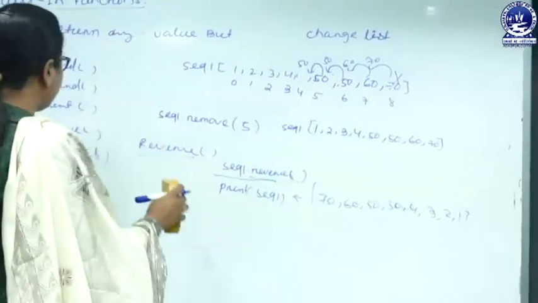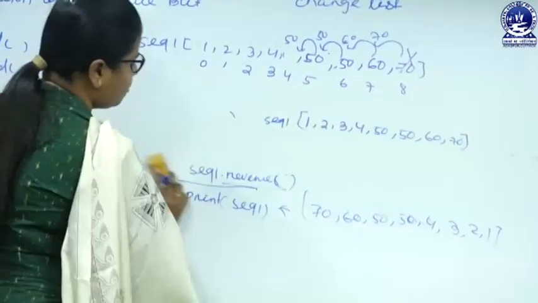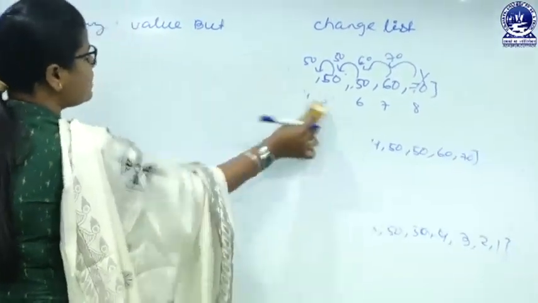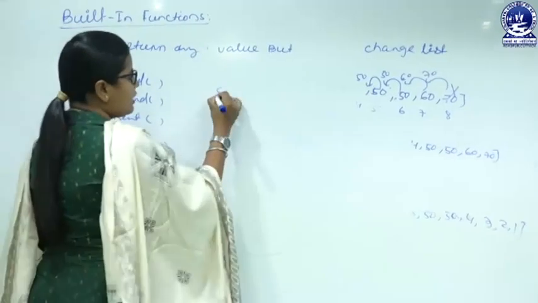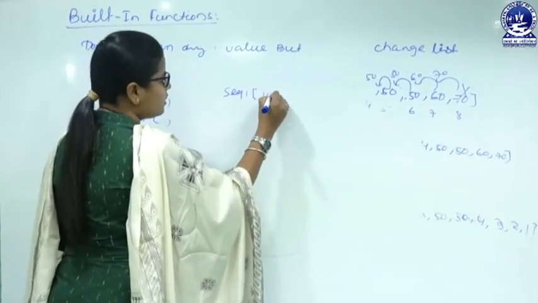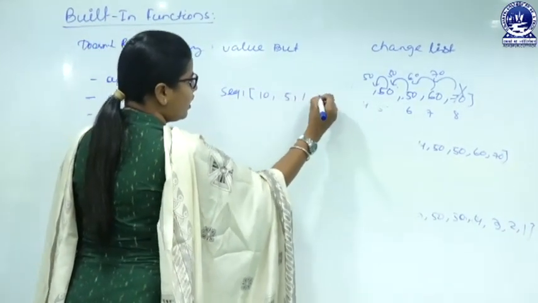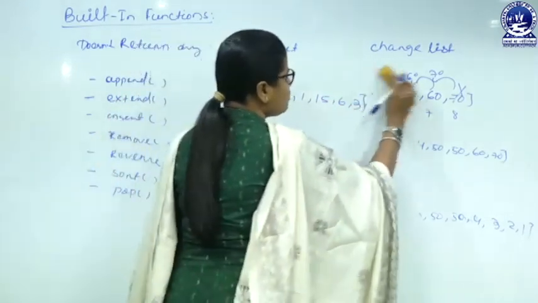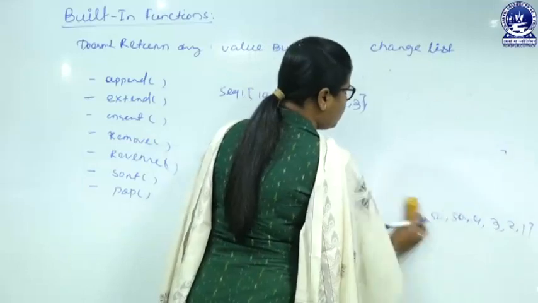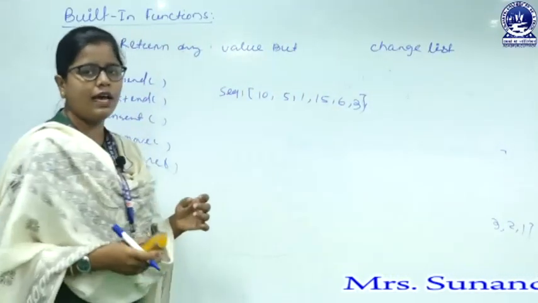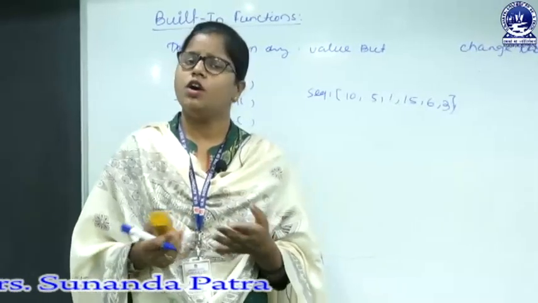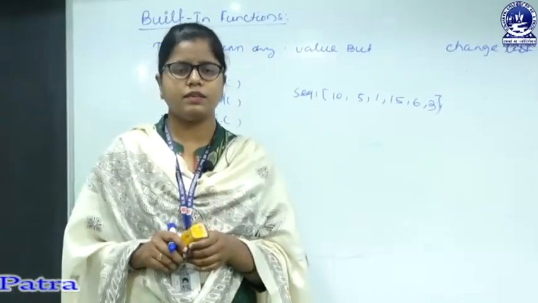And the next function is sort. So, we know that sort means we are arranging the list elements in ascending order. I am taking here another list, suppose 10, 5, 1, 15, 6, 3. Suppose this is my list and I want to sort these elements. We have some sort mechanisms like bubble sort, selection sort, and all types of sort mechanisms are there.